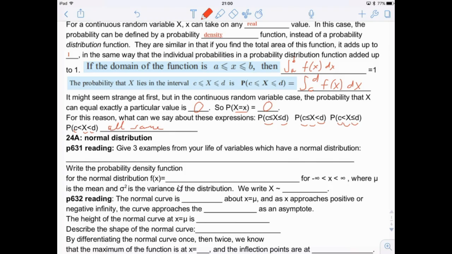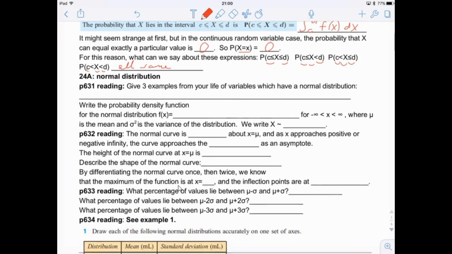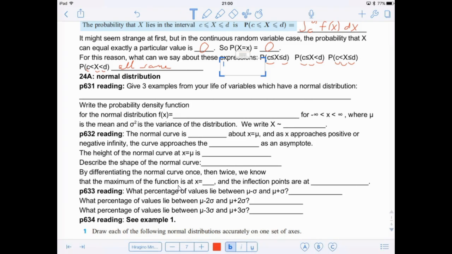Okay, 24a, normal distribution. Page 631, reading. Give 3 examples from your life of variables which have normal distribution. So, let's see. How about the SAT exam? What else?